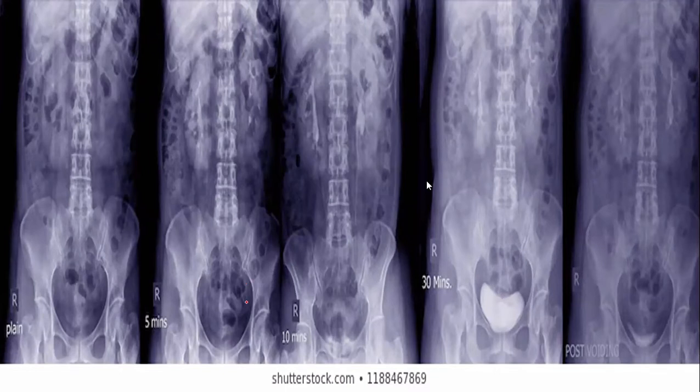Then after 10 minutes, it should be at the level of the ureter already. Then at 30 minutes, it should be there already at the urinary bladder. Then post-voiding, it will already get out. So meaning prompt excreting, physiologically functioning, aside from anatomically seen.